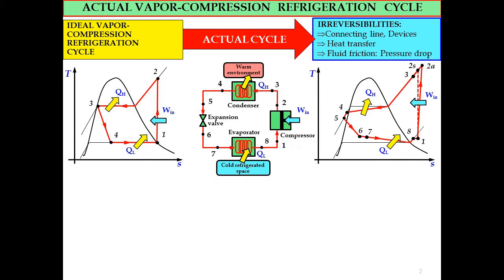We can describe the process as shown in the second TS diagram for the actual vapor compression refrigeration cycle, with state 1 until state 8.